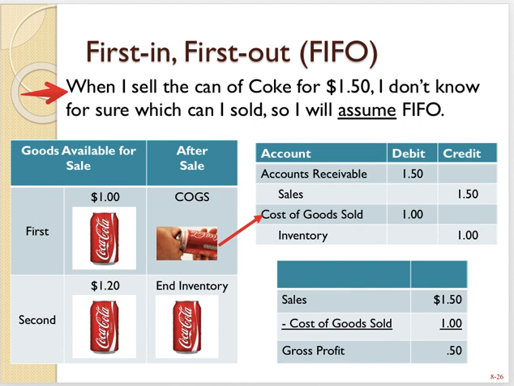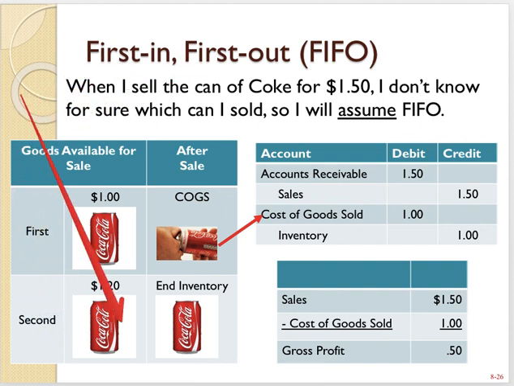So in this case, because specific identification is not available for this type of product, there's no way to know which can we sold, if it was this can that cost us $1 or this can that cost us $1.20. So we have to make an assumption about which one we sold. And in this case, the assumption we're going to make is that the first thing that came in was the first thing that came out.